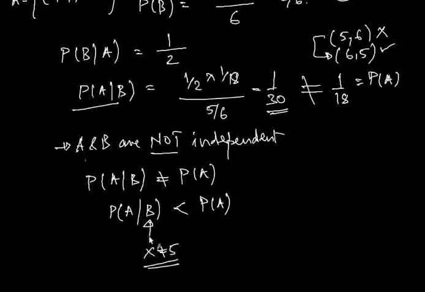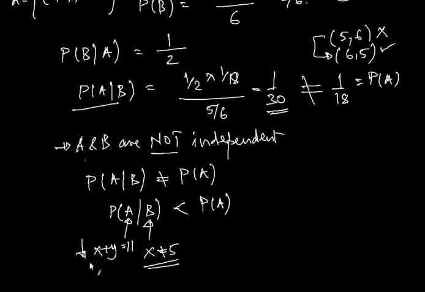So if B happens, which means that you did not get a 5 on the first roll, well, that just makes the probability of x plus y being equal to 11 that much less likely. So the probability of A actually falls if B has already happened before.